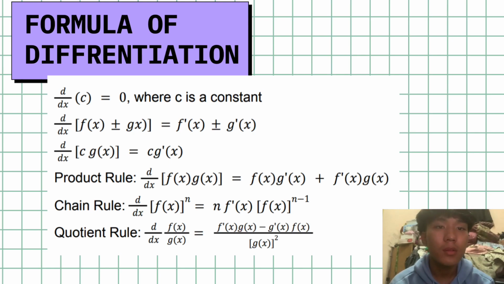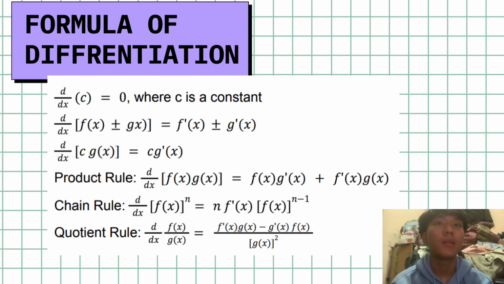So I'm going to explain the formulas of differentiation. In this slide we have 5 formulas. First we have the constant rule, which is d over dx of c equals 0. Next we have the sum rule and difference rule.